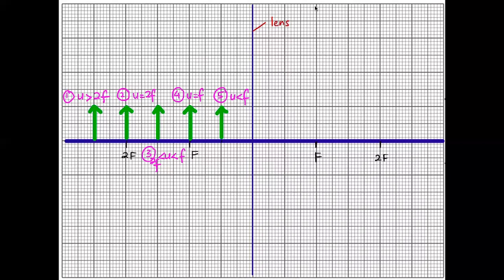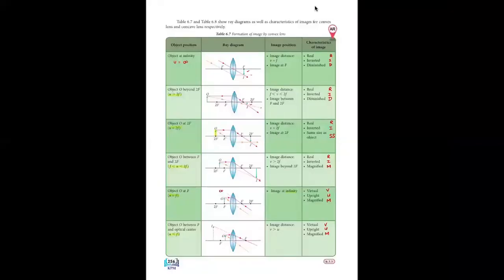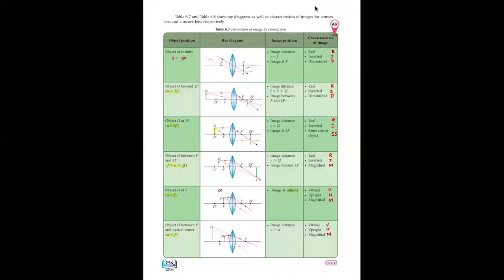Now, if we refer back to the previous diagram, the code written there is RIS, RIM, VUM, VUM, according to the position of the object.